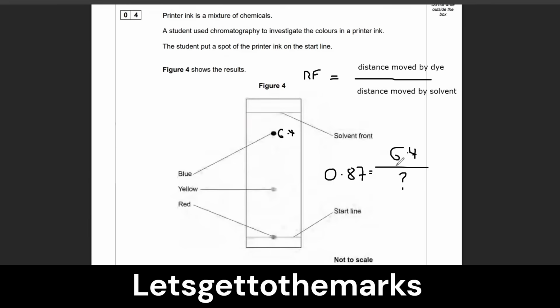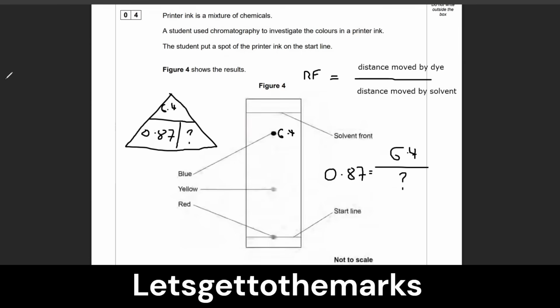I want to rearrange this. So what I'm going to do is 6.4 divided by 0.87, because if I put that into a triangle, whatever's at the top of the dividing line goes to the top of my triangle. So I'm going to have 6.4 over 0.87, and at the bottom, I've got my unknown. Let me smash that in the calculator. Oh my days, where's my calculator?